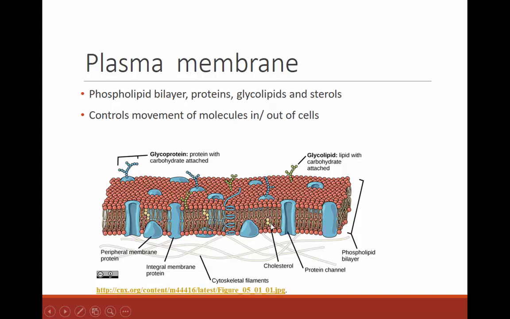Now, you'll see in here we've got cholesterol. Cholesterol is very important because it's quite a flat molecule, and when it's inserted in the phospholipid bilayer, it actually moves the fatty acid tails apart a little bit. So if there's a molecule that's small enough, and it's lipid soluble, it can move through the phospholipid bilayer, just through the membrane itself.